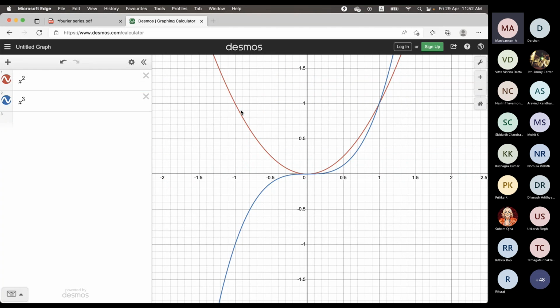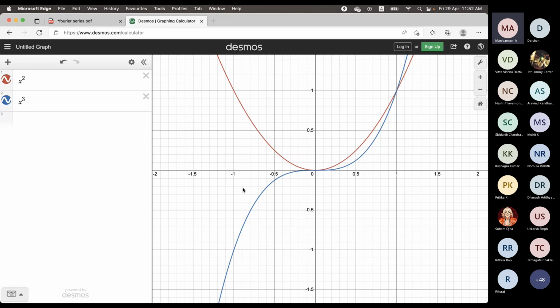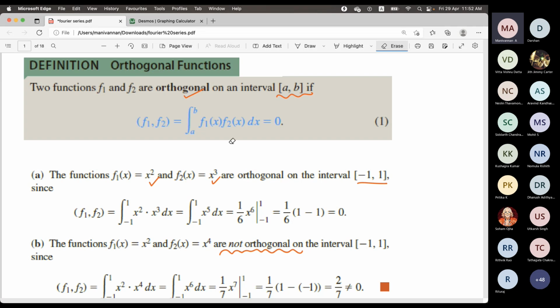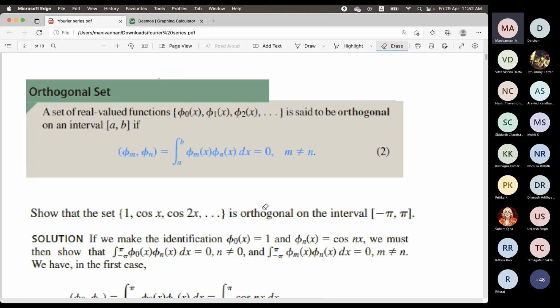If you are integrating this function graph up to this point, the area is above and below; the negative portion will compensate with the positive portion's value, and then it will reach the 0 value. That's why we are calling it by the name orthogonal.